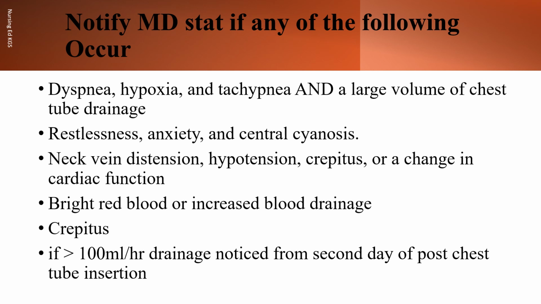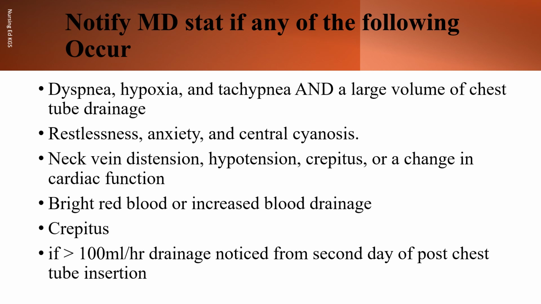Any restlessness, anxiety, as well as central cyanosis can indicate hypoxemia. And in addition to notifying the doctor, you'll also monitor their SpO2 saturation and initiate oxygen therapy as needed.